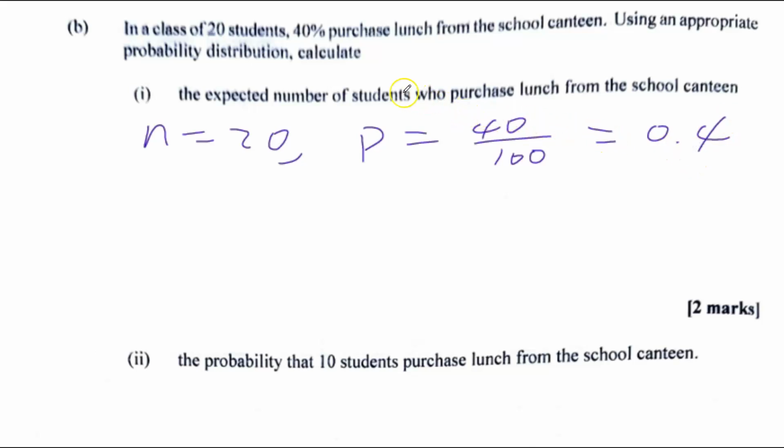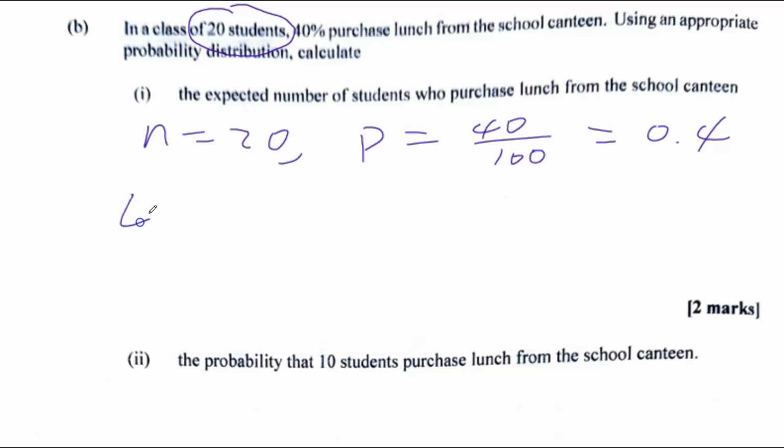So this is obviously a binomial distribution, since we have a finite number of students and two outcomes: either they purchase lunch from the canteen or they don't. So that's two possible outcomes.